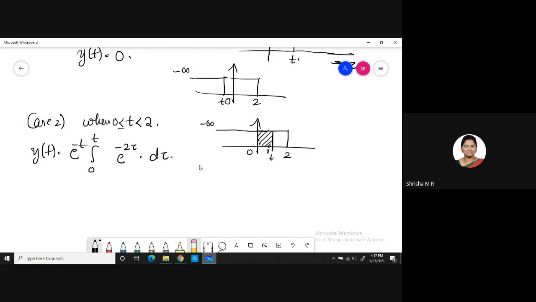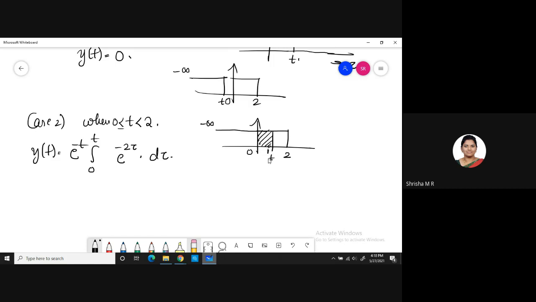This is the overlapping space if t is between 0 and 2. You imagine it is near 1, or 1.5, anything. So the overlapping space is 0 to t. It depends on where t is.